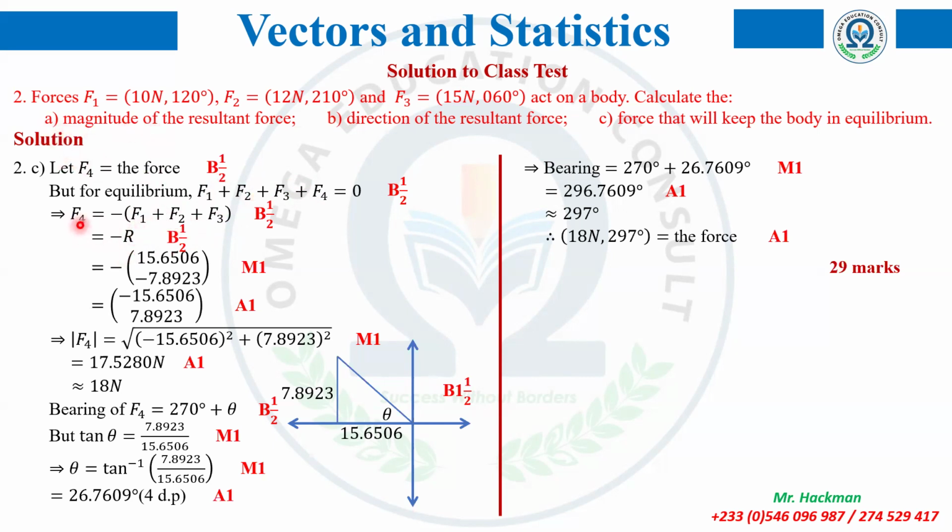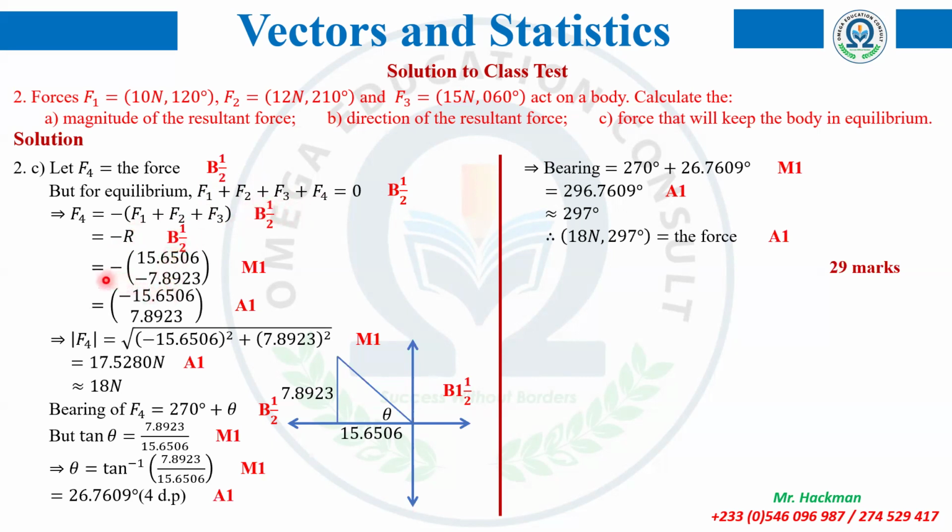So F sub 4 should be equal to minus the resultant. If you are able to state this, you get your B half as well. However, someone can move from here to here straight away. If you were part of those who did that, you wouldn't lose any marks. You get your B1 for that. So this mark will be added to what you have here, because you should equally see that. So that's the mature way.